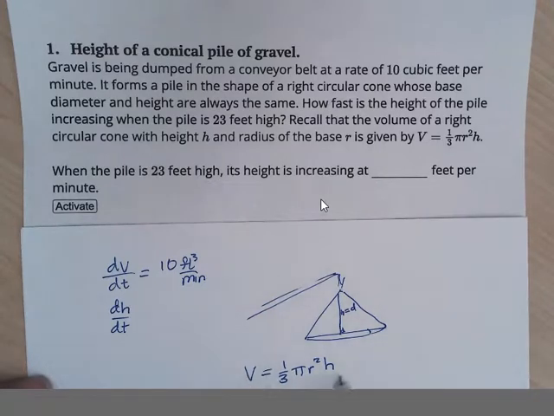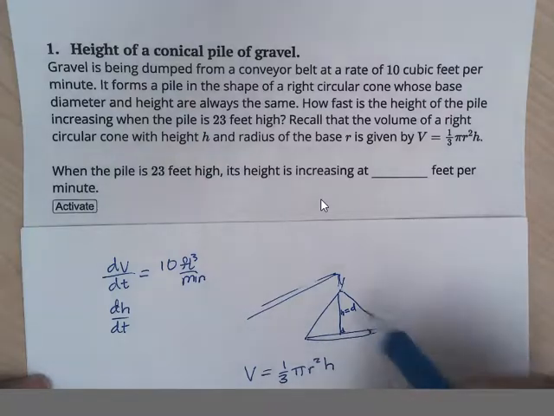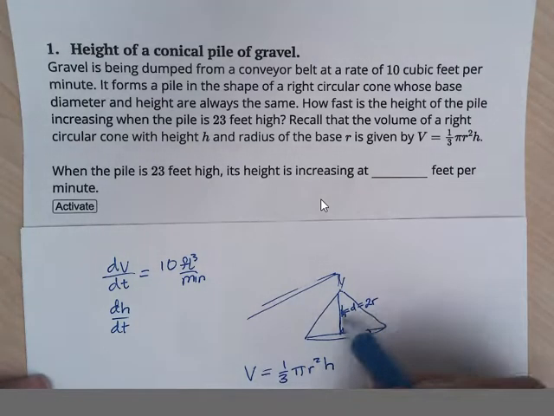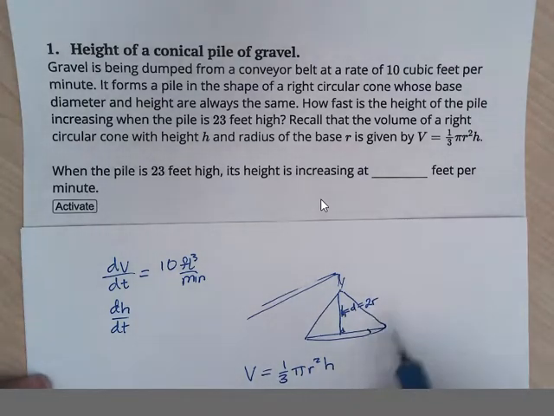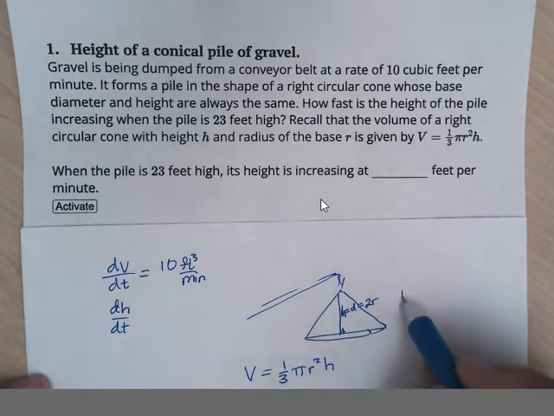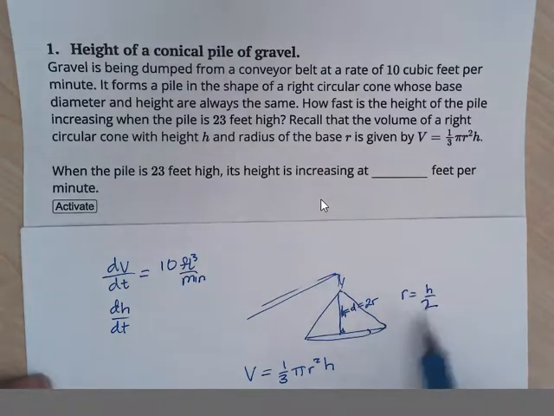So we have this equation, and it has two variables. We'd like to have just one. They say the diameter and the height are the same, but the diameter is two radii, so that's 2r. The height is 2r, which means r is half of h. So that's what we can put in for the r.